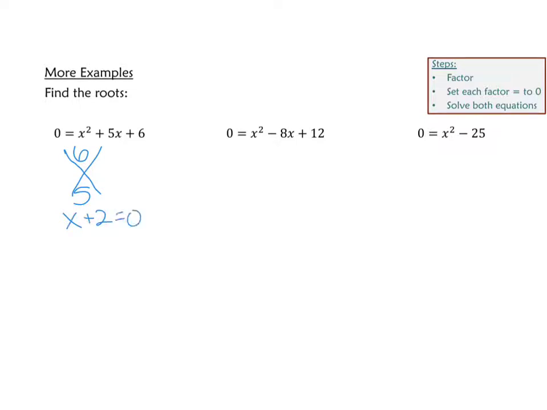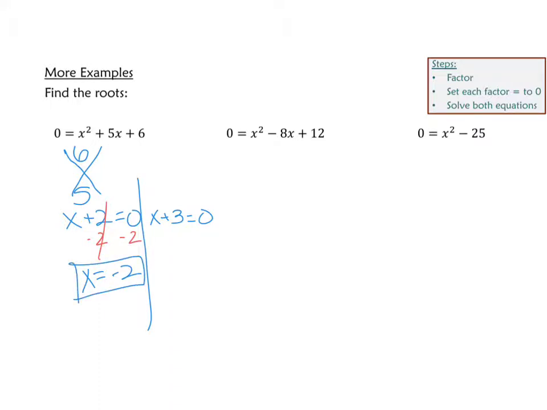So x plus 2 equals 0. x plus 3 equals 0. To solve the first, I would subtract 2 from each side. That goes away, and what I'm left with is x equals negative 2.